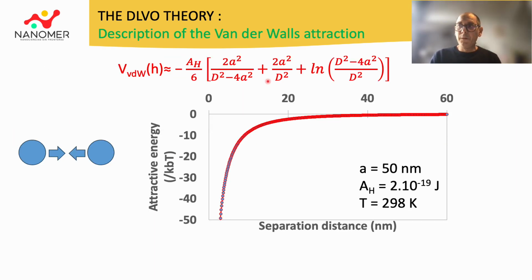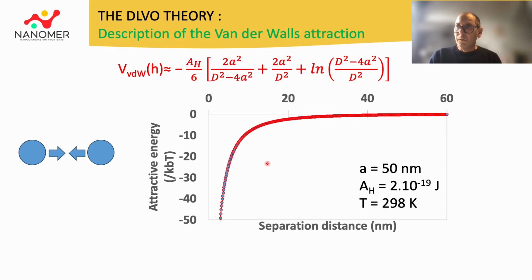Now, if you plot the attractive van der Waals potential interaction as a function of the distance between particles using the Hamaker relation, you obtain this curve, determined in this case at room temperature using this size of particle and this Hamaker constant.